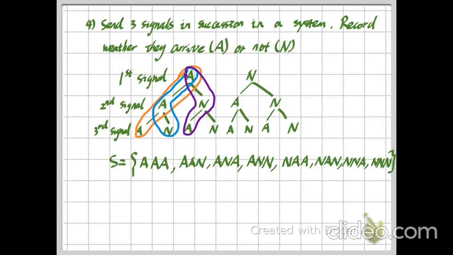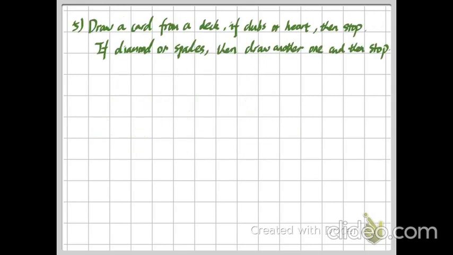So here, let me give a last example about this sample space. This question is about drawing a card from a deck. When we first draw one card, if we get a club or a heart, we will stop immediately. That means in total, we only draw one card. However, if the first one we draw is not, then we will continue to draw another card and then stop.